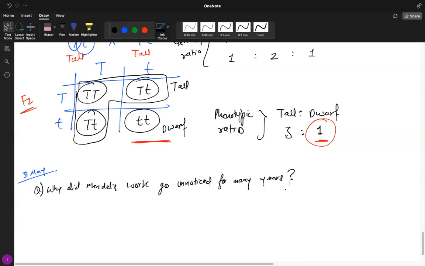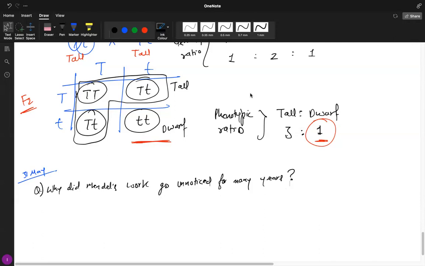This question can also be asked in other ways, like why his work was ignored, or could not get public popularity. But basically, what they are asking is, if someone did such elaborate and detailed work about genetics, why do you think it did not become popular or was not noticed?